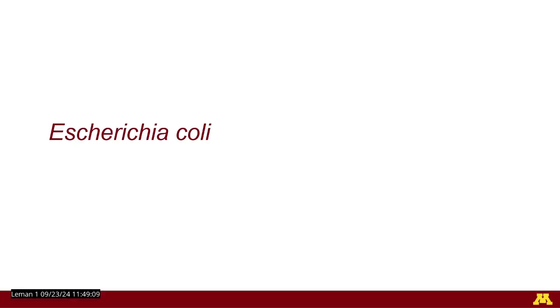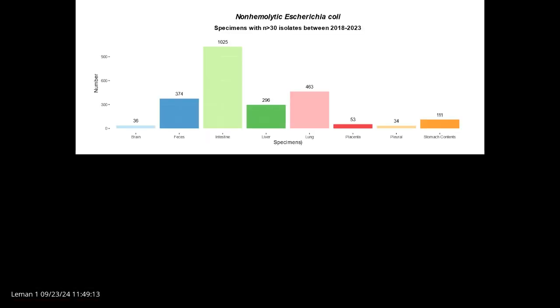We'll move now to some gut bugs. We've got E. coli. So for E. coli, I've split it out for non-hemolytic versus beta hemolytic. There are some differences that you'll see in the resistance patterns between those two general categories of E. coli. So where we're isolating non-hemolytic E. coli, most of it's coming from intestine, feces.